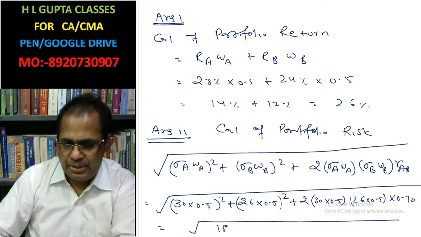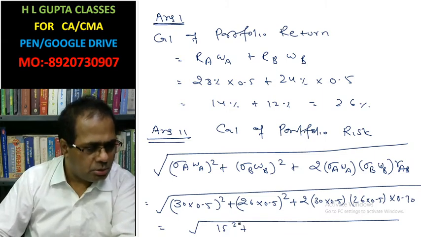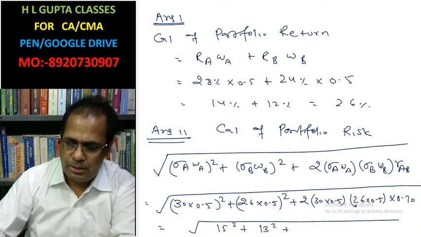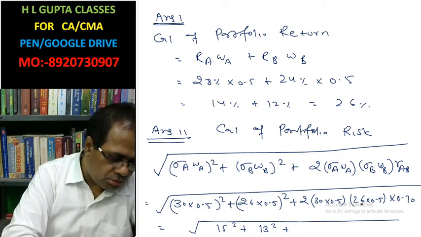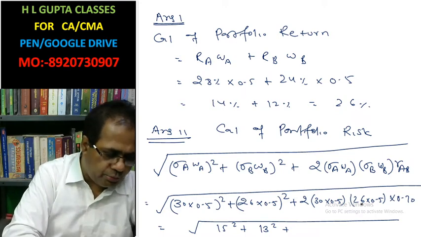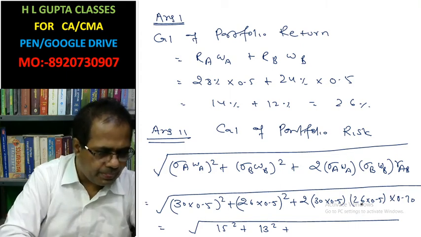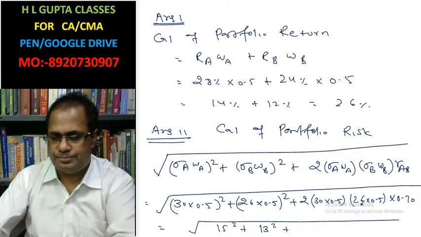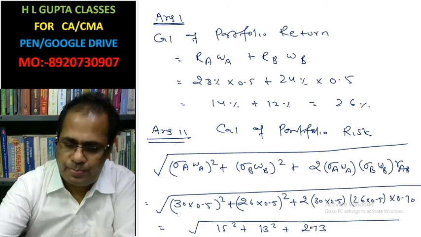This is 15 square, 13 square, plus 15 into 13 into 2 into 0.7. This is 273.